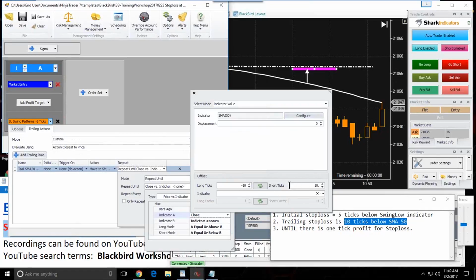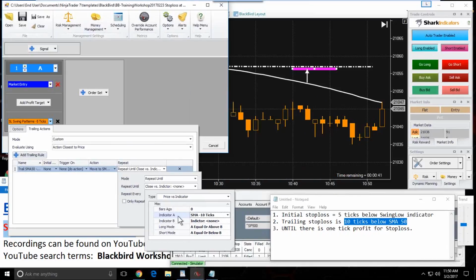It's going to be a positive 10 ticks for a short trade. On my chart up here, I have my stop loss line 10 ticks above our SMA 50, so that's a positive 10 ticks for a short trade, or negative 10 ticks for a long trade.